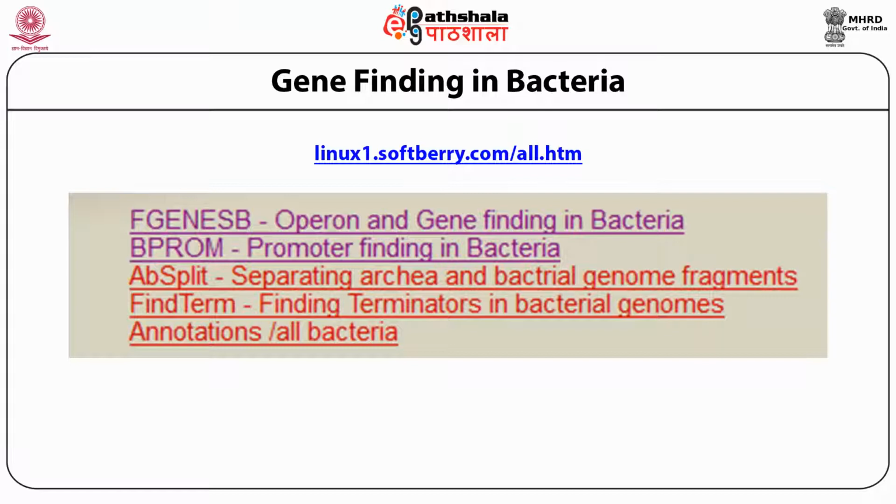It is best used in regions immediately upstream from the open reading frames. Since we do not have information about the sigma factor for the expression of the genes in question, therefore click on FGENESB to find operons and genes in bacteria.